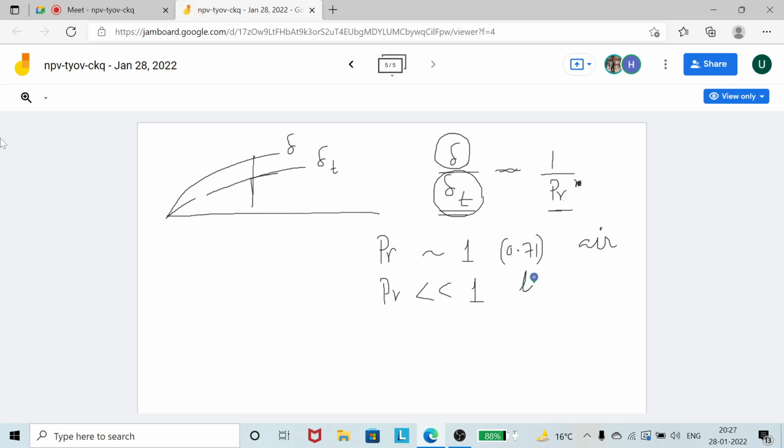Liquid metal. For liquid metal, and liquid metal is very important, like casting industry. If you visit steel plant, you will see there is a river of liquid metal. So you have to think about that. And PR is greater than 1 for say mineral oil, say water. So remember this.